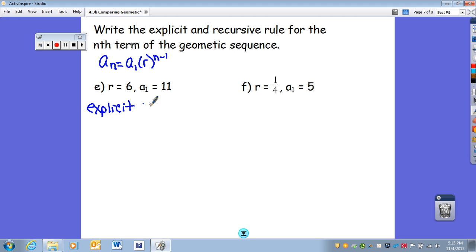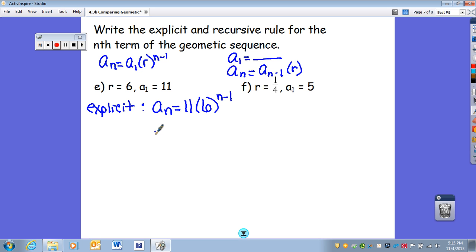So for that rule, I have my a sub n, and that equals my first term, which is 11, times my rate, which is 6, to the n minus 1 power. To get the recursive rule, we have to start with our a sub 1, and then we have a sub n is equal to a sub n minus 1, or our previous term, times the rate.